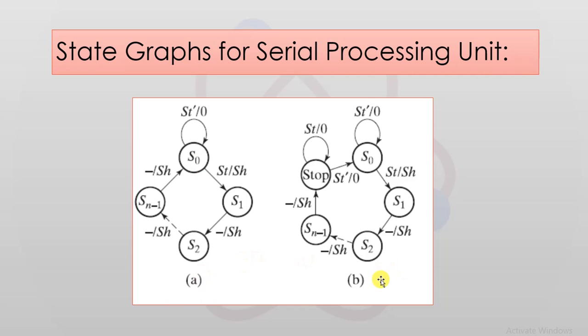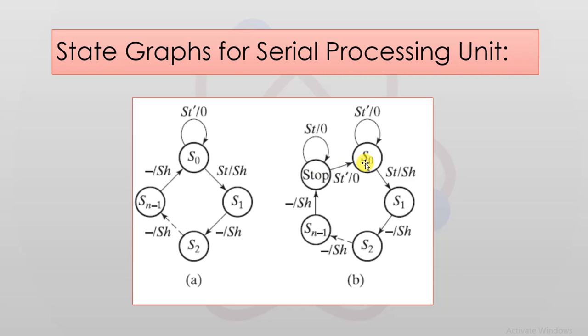But however, if the start signal can remain 1 until after the shifting has been completed, that means at this particular point, if the start signal is going to remain 1, then we will require a separate stop state which has been included here before we reach S0.